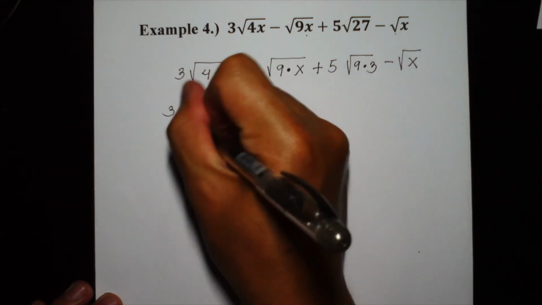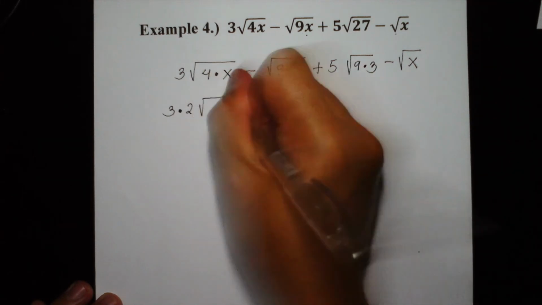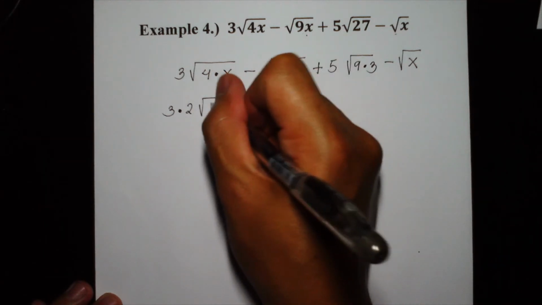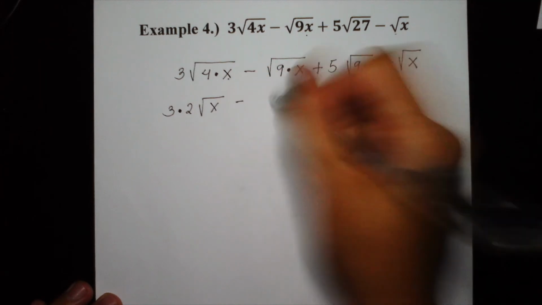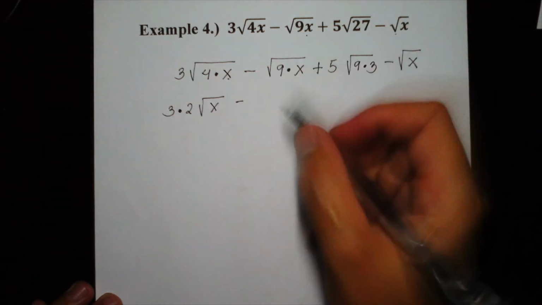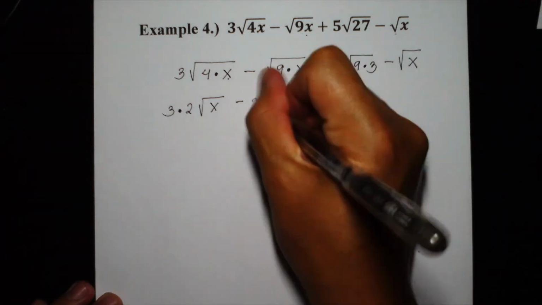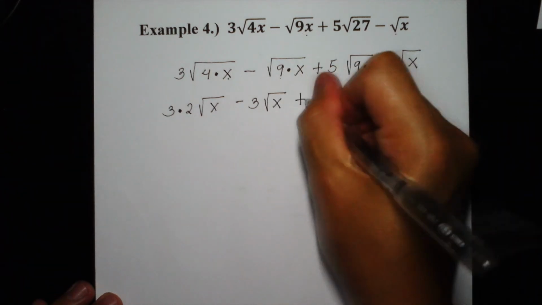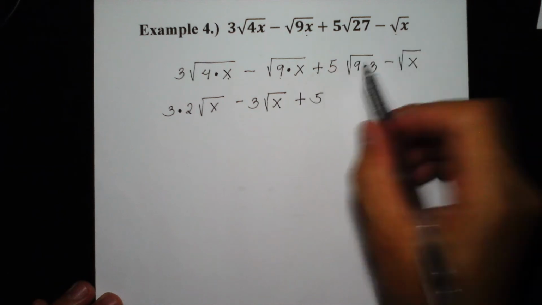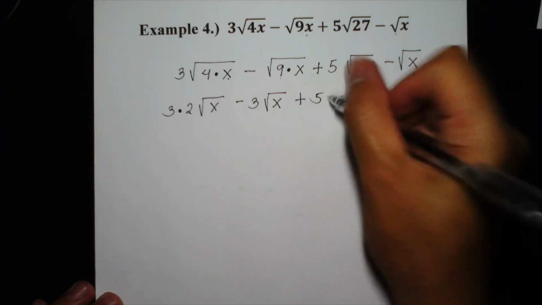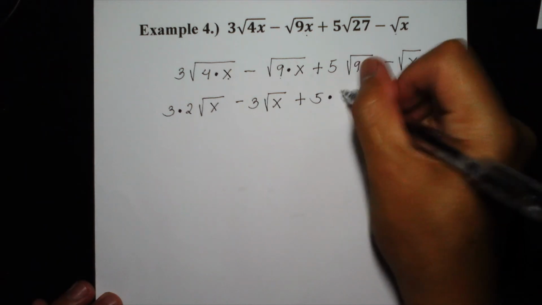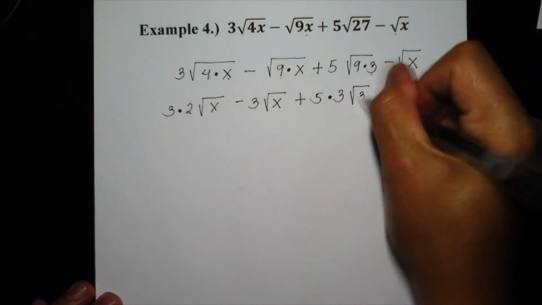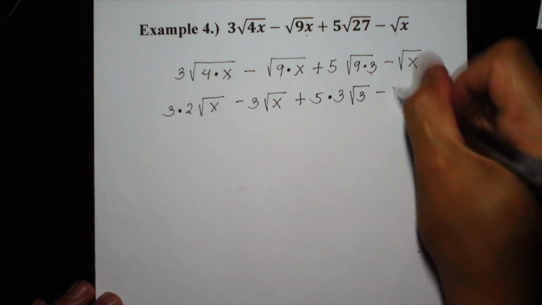So multiplied outside 2 square root of, since x is not a perfect square, it will remain inside, minus square root of 9, that will be 3, square root of, still remaining the x inside, plus 5, square root of 9, that will be what? 3 times, it will be multiplied, 3 square root of, since 3 is not a perfect square, it remains inside of the radical sign, minus square root of x.